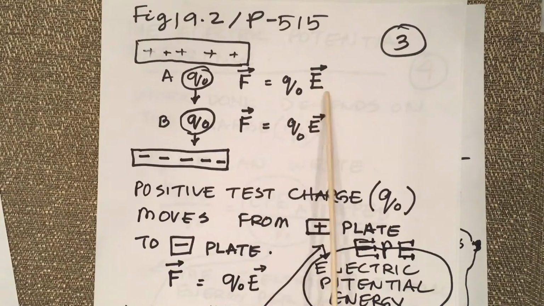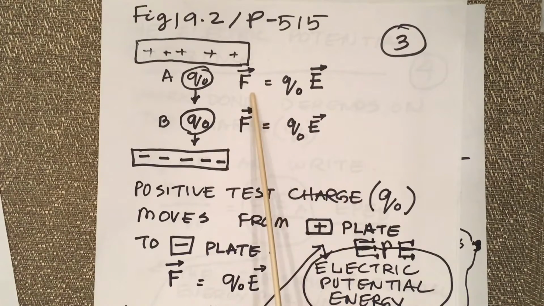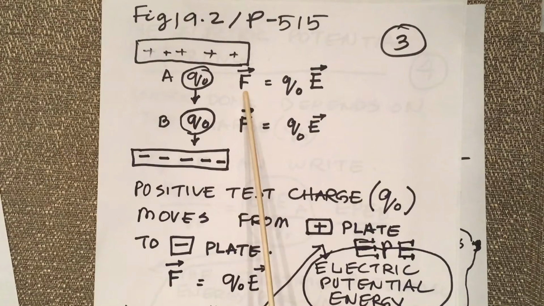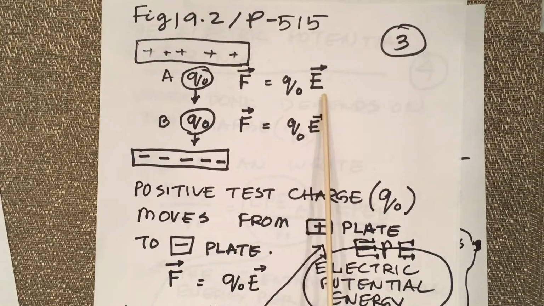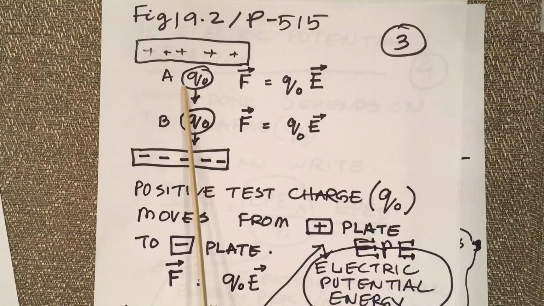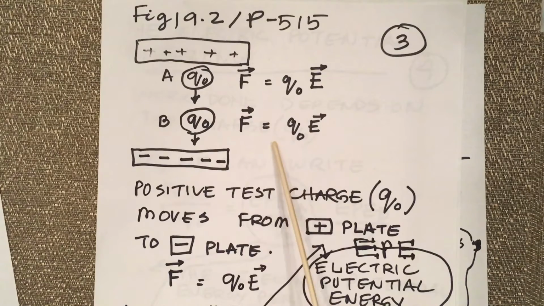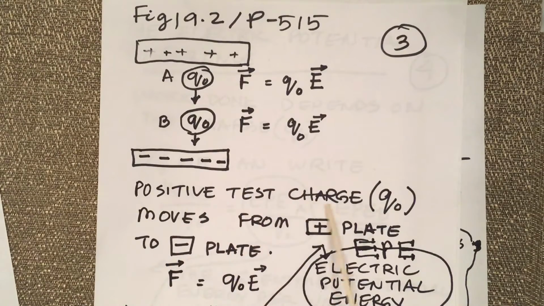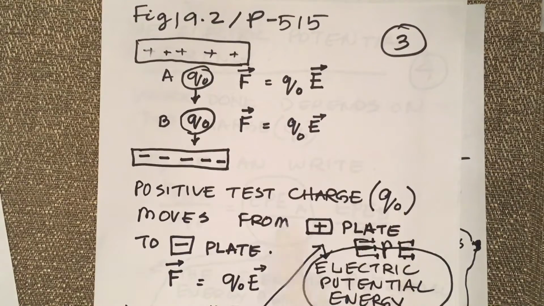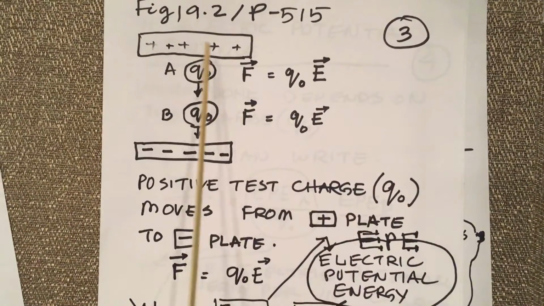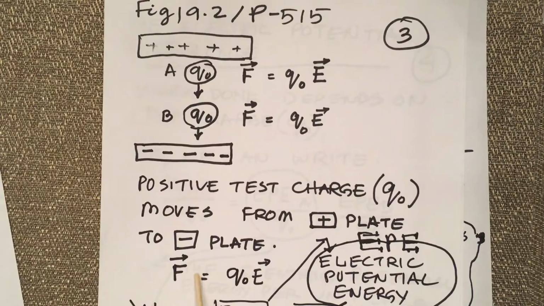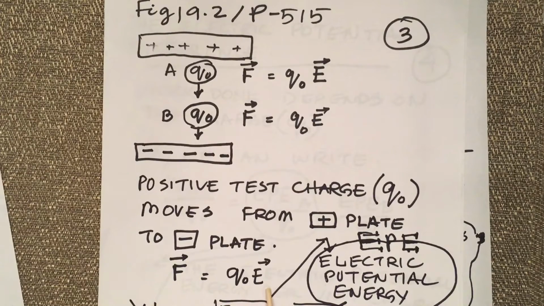Here we have just rewritten the same equation, only we are interested in force, so we write force equals Q0 times E. Q0 is the test charge, which is a positive charge, and the distance is traveled from A to B. So again, the positive test charge Q0 moves from the positive plate to the negative plate. Force here is again Q0 E.